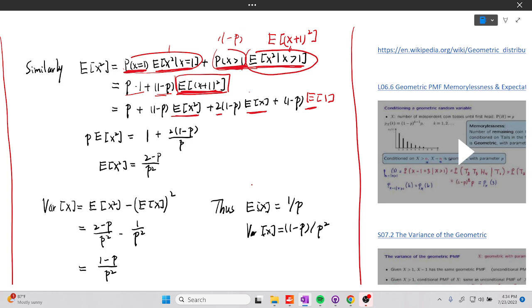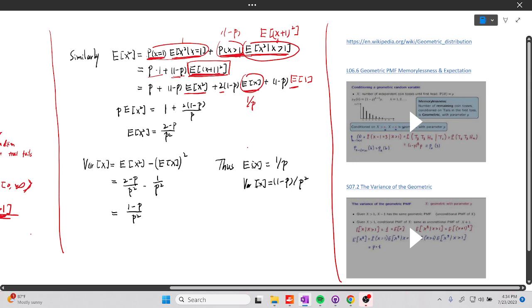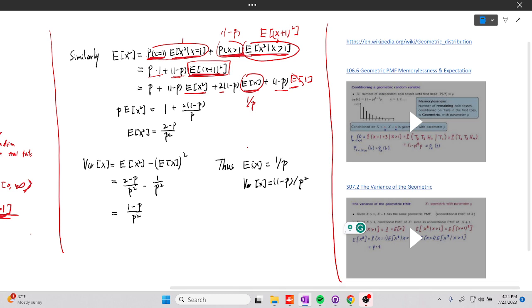And we know what E[X] is. E[X] is 1 over p. And this is 1, this is 1. Substitute everything together.